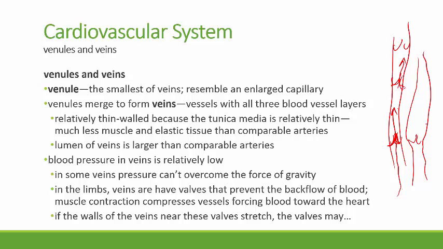Okay, so there are the venules and veins, and that is it for this video. So again, to remind you where we've been, we've talked about the wall of and the construction of the arteries, of the arterioles, of capillaries, of venules, and then of veins.